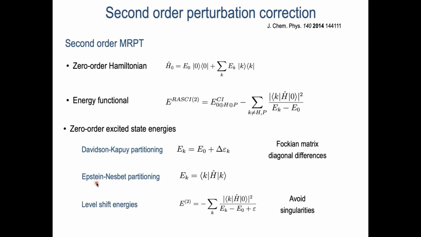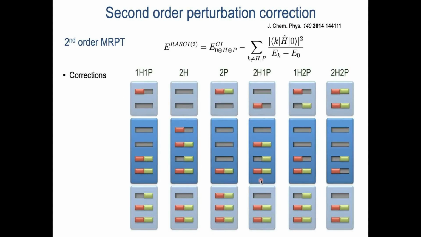And then, like in other multi-reference perturbation theory methods, we have the option to use a level shift energy in the denominator in order to avoid singularities. This is something commonly done in methods like CASPT2. So basically what we have is like what we had before, but now we are introducing the effect of higher order excitations, in particular one hole, one particle, two holes, two particles, and so on, up to two holes and two particles with respect to RAS2, in a perturbative way.